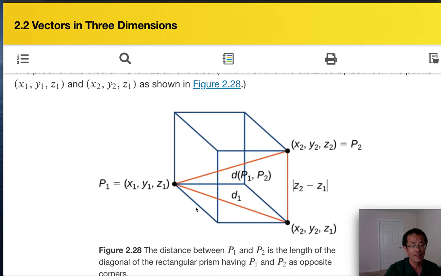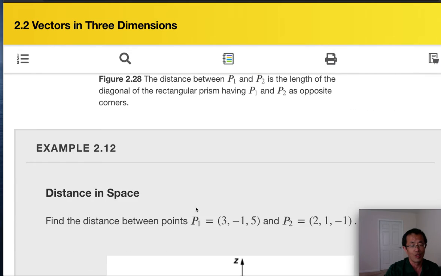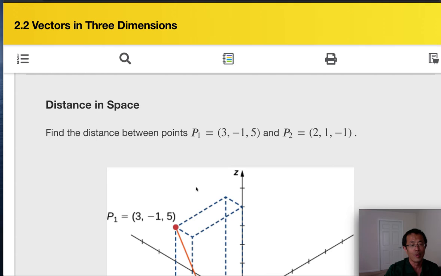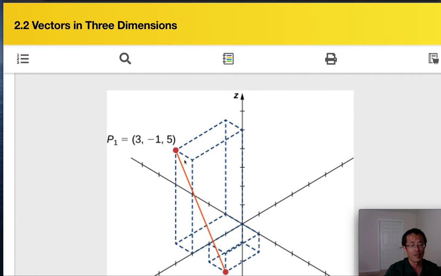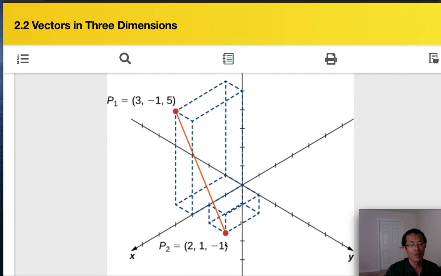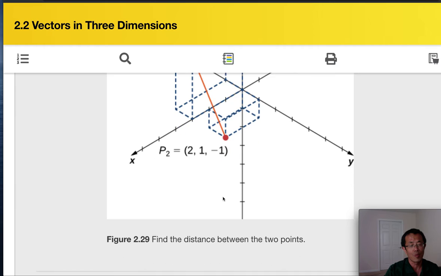If I see it in the textbook, I will take a look at the midpoint formula too. The distance in space should be a lot easier to see. Given point 1 and point 2, the distance is the square root of the sum of squares of the differences of the corresponding components. That's the distance formula.